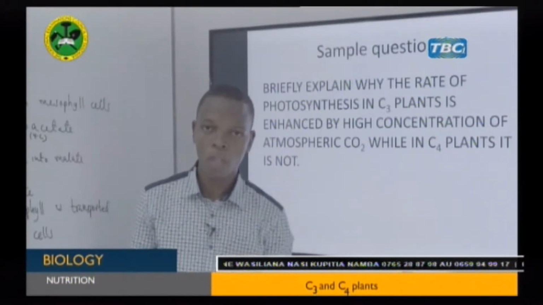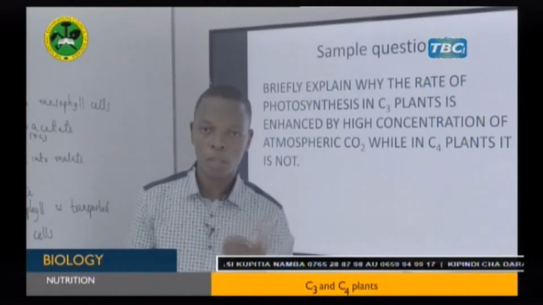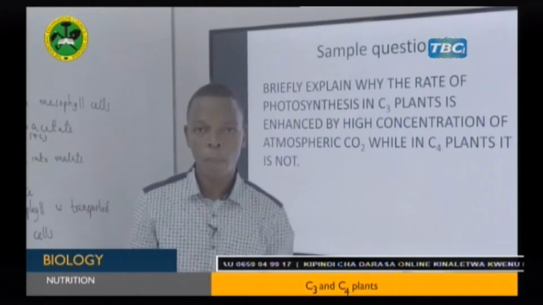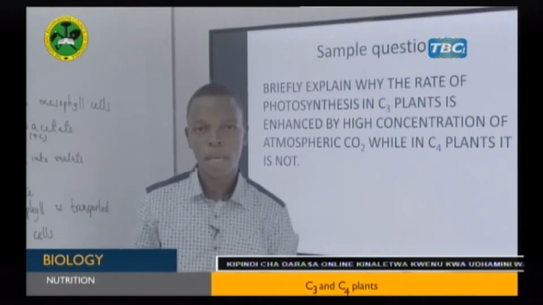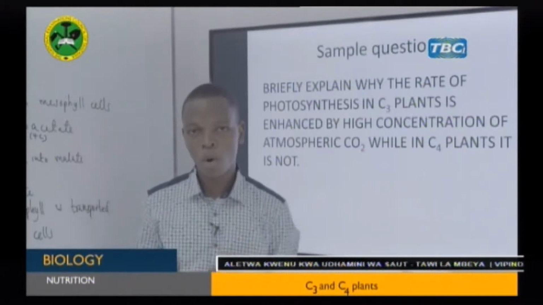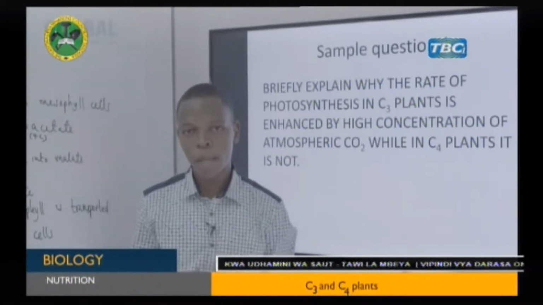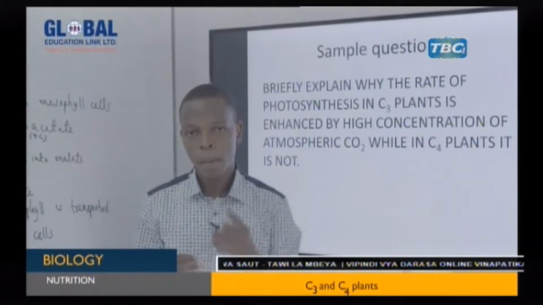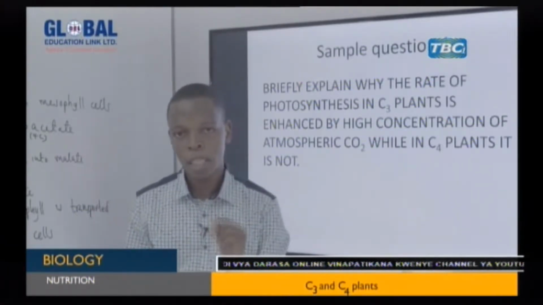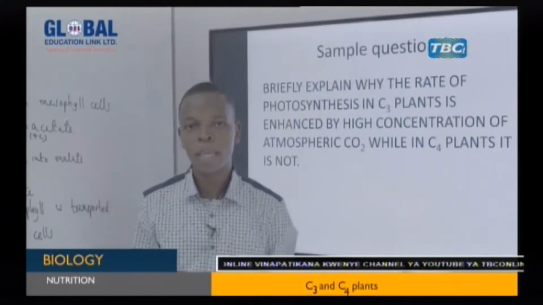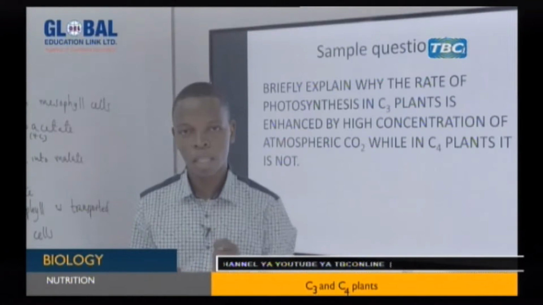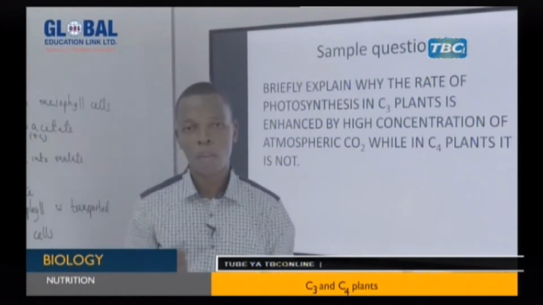When you increase carbon dioxide concentration, the rate of photosynthesis in C3 plants tends to increase. But in C4 plants, it is not enhanced by increase of carbon dioxide concentration. This is because the leaf anatomy of C4 plant. C4 plant has a two type of chloroplasts, mesophyll chloroplast and the bundle sheath chloroplast. The C4 plant has the ability to maintain the higher carbon dioxide concentration in the inner bundle sheath cells compared to that of the atmosphere.